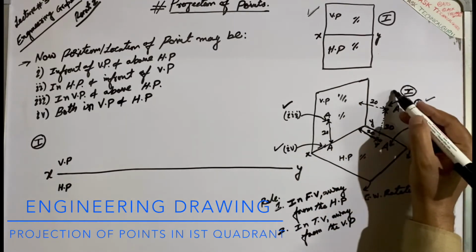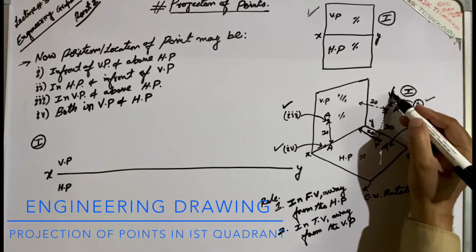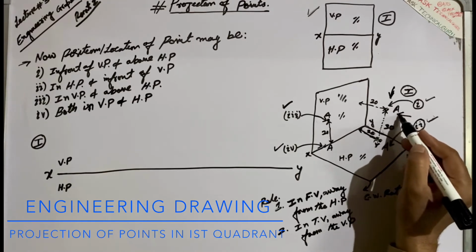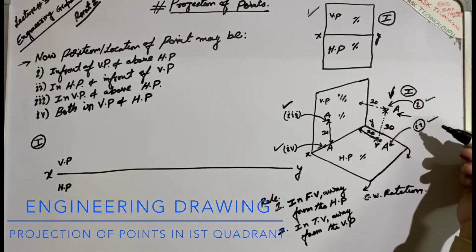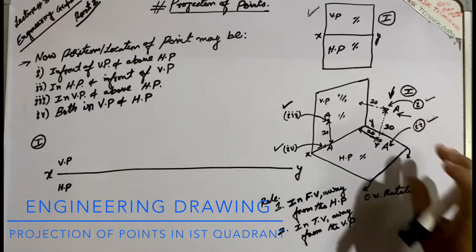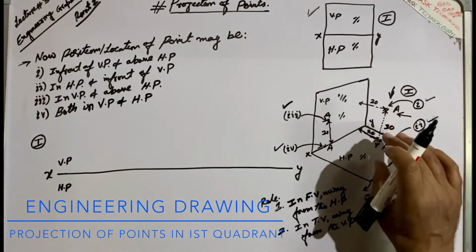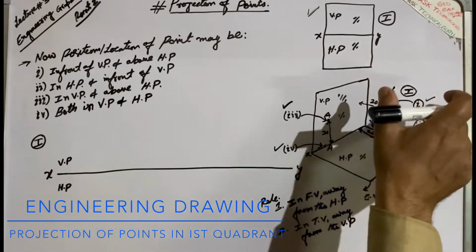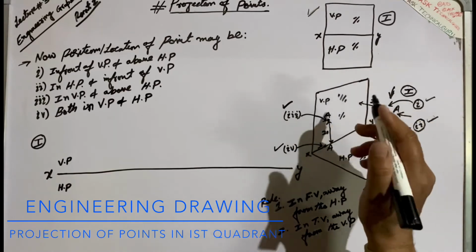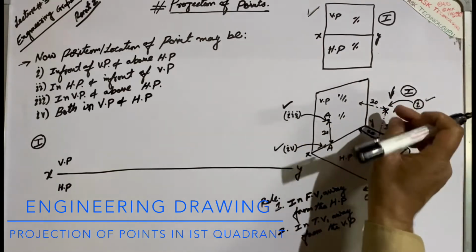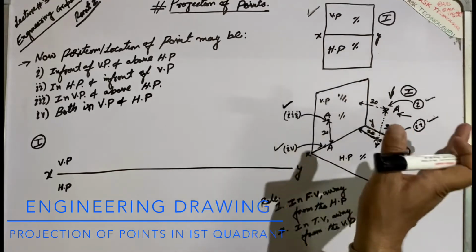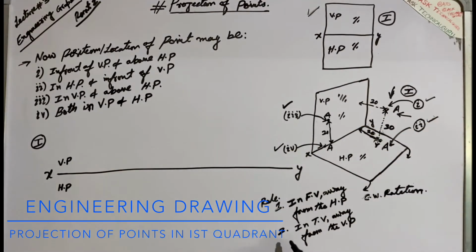Top view will be seen from here and front view will be seen from here, because the observer will be here at that time. So in front view we see how much point A is away from the horizontal plane, and in top view we see how much point A is away from the vertical plane. Okay, this is rule number first and rule number second. Is it clear? These are the two important rules which you have to remember.